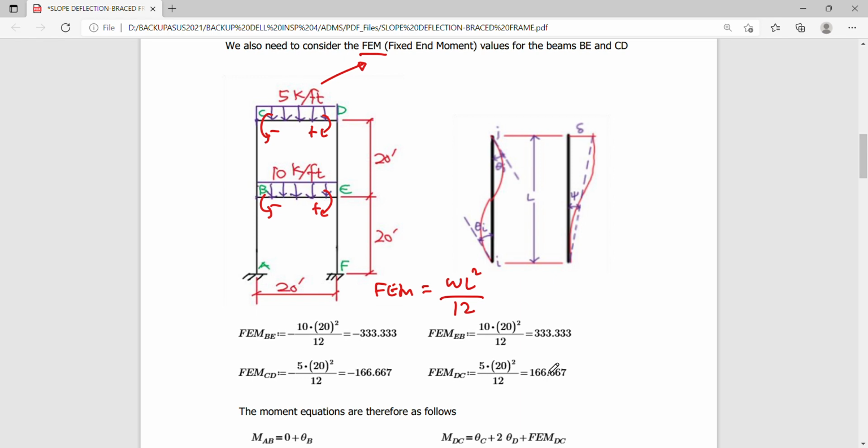Hence, if we take summation of moment at each and every joint A, B, C, D, and E, we cannot get anything out of joint A because we don't have any value there. So we can start from joint B, C, D, and E. We have to include the effect of your fixed end moment. So that's simply the one that will be added to your joint moments.